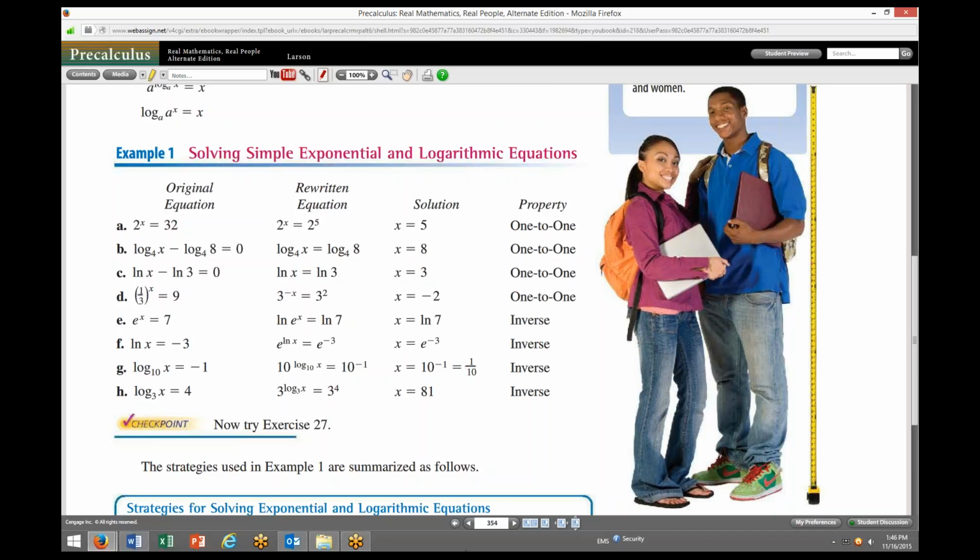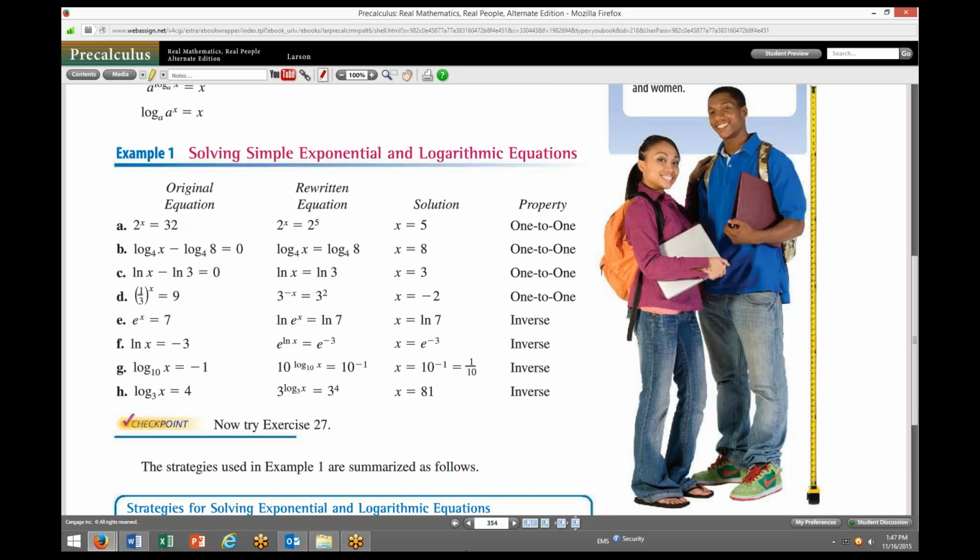Or you may need a decimal to so many places. But the essential point in part F of example 1 is that we could not solve natural log of x equals negative 3. So what we have to do is convert the equation into its exponential corresponding form, that e to the negative 3 equals x.